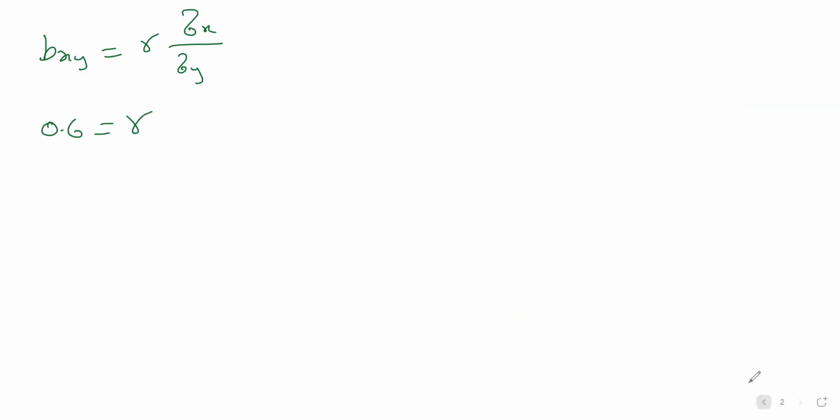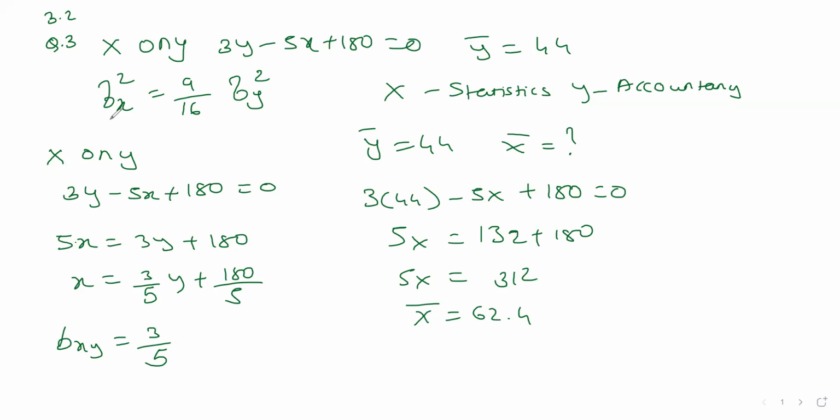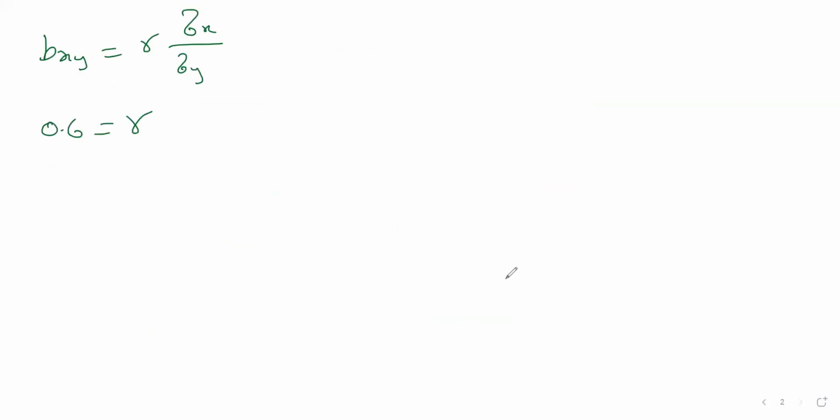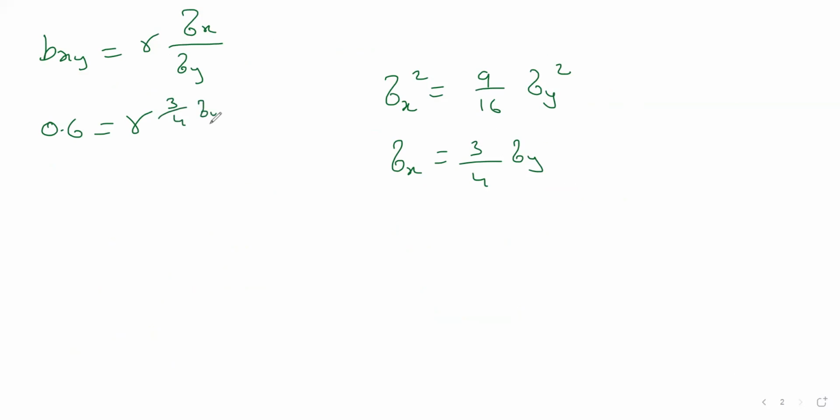R we don't know, standard deviation we don't know, but we have this. So I will say variance of x is 9 by 16 of variance of y. So standard deviation of x, taking the square root, is 3 by 4 standard deviation of y. So I'll write here 3 by 4 standard deviation of y upon standard deviation of y.